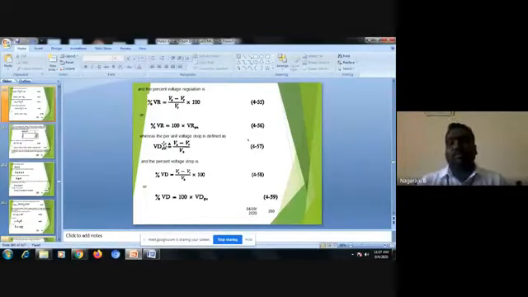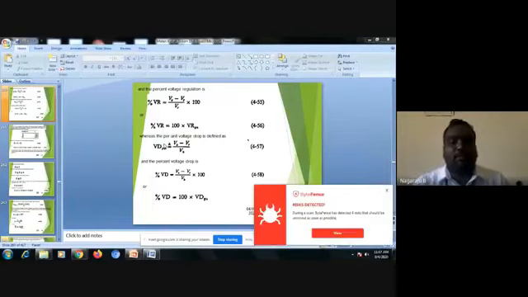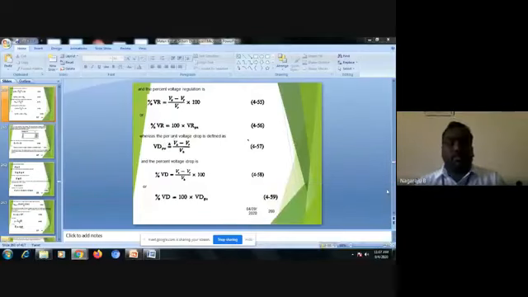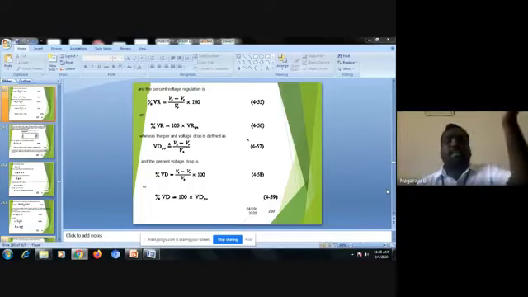So it is the difference between the sending end voltage and the receiving end voltage with respect to the base voltage. Here the base voltage and the receiving end voltage are different.